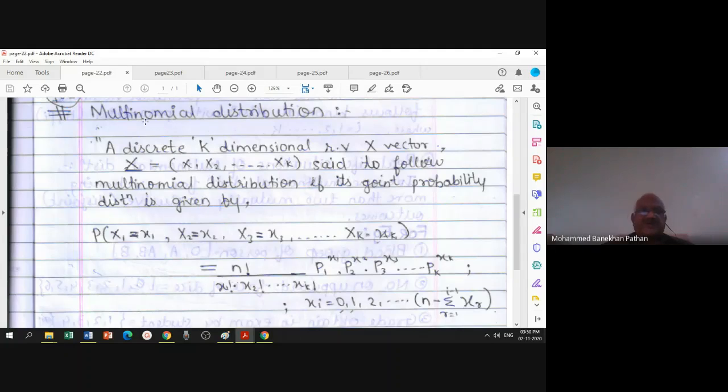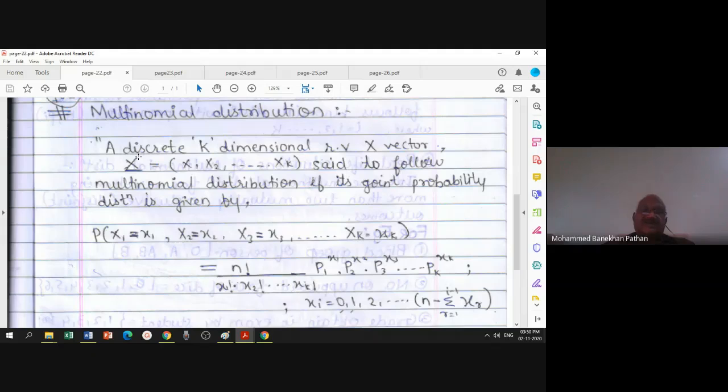Firstly, we'll try to define the multinomial distribution and then we'll go ahead. A discrete k-dimensional random variable X as a vector. We write a vector as x bar, with the bar written at the bottom. I told you last time, it is a convention for us. The mathematical way of denoting a vector is a bar on the top.